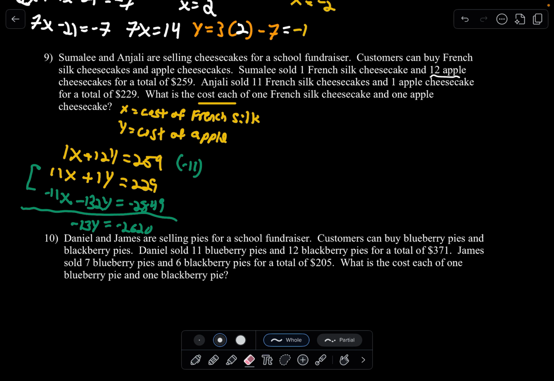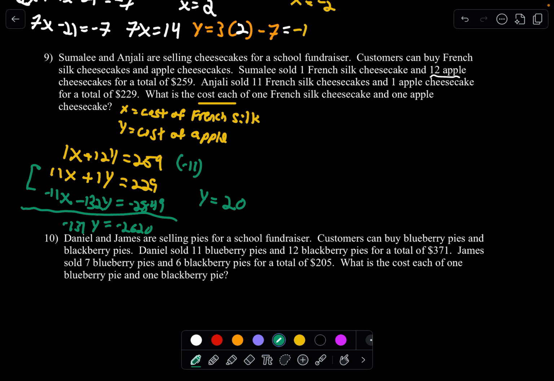Oh my gosh, right? 1 plus a negative 132 is actually negative 131. So divide 2620 by 131, and you get positive 20. So y equals 20. All right?